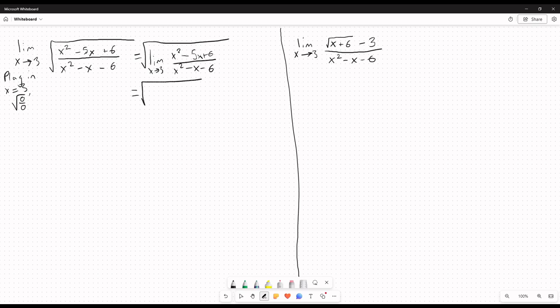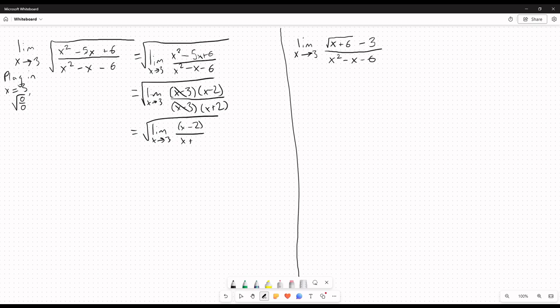When we factor, we're going to get something like the limit as x approaches 3 of, this will be x minus 3, x minus 2 in the numerator, and the denominator will get x minus 3, x plus 2. We notice that we get some x minus 3's that cancel out, leaving us with the square root of the limit as x approaches 3 of x minus 2 over x plus 2.